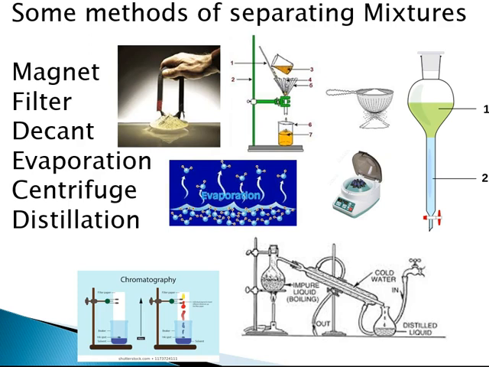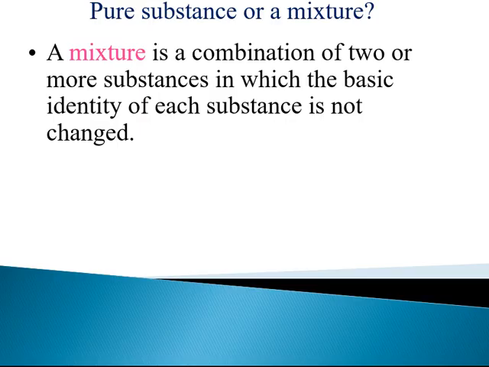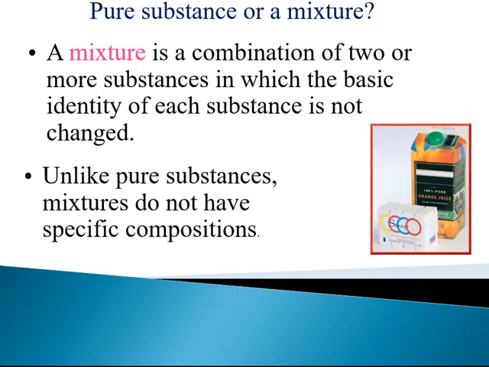And you can use chromatography to separate out the pigments that are found in some sort of solution. A mixture is a combination of two or more substances in which the basic identity of each substance is not changed. Unlike pure substances, mixtures don't have specific compositions.